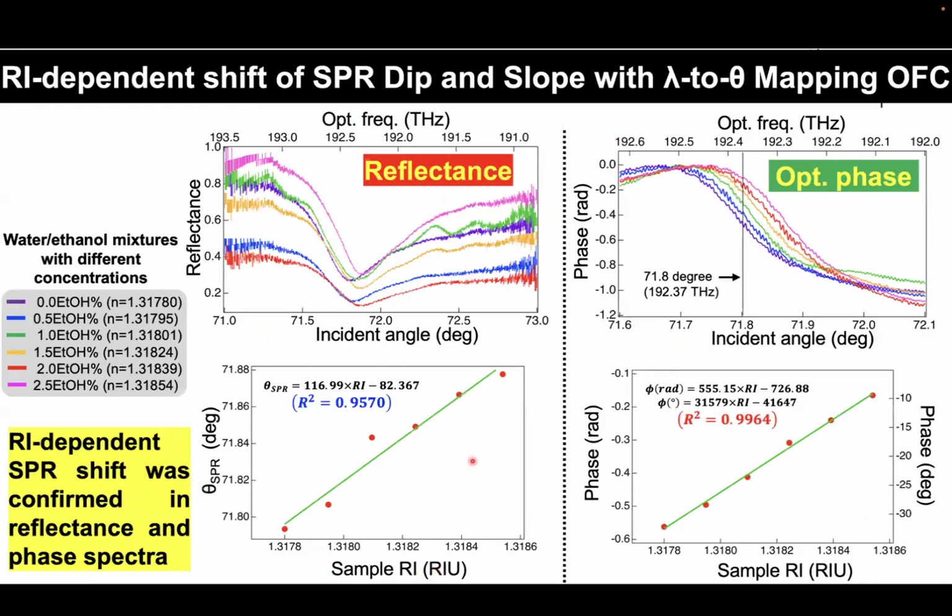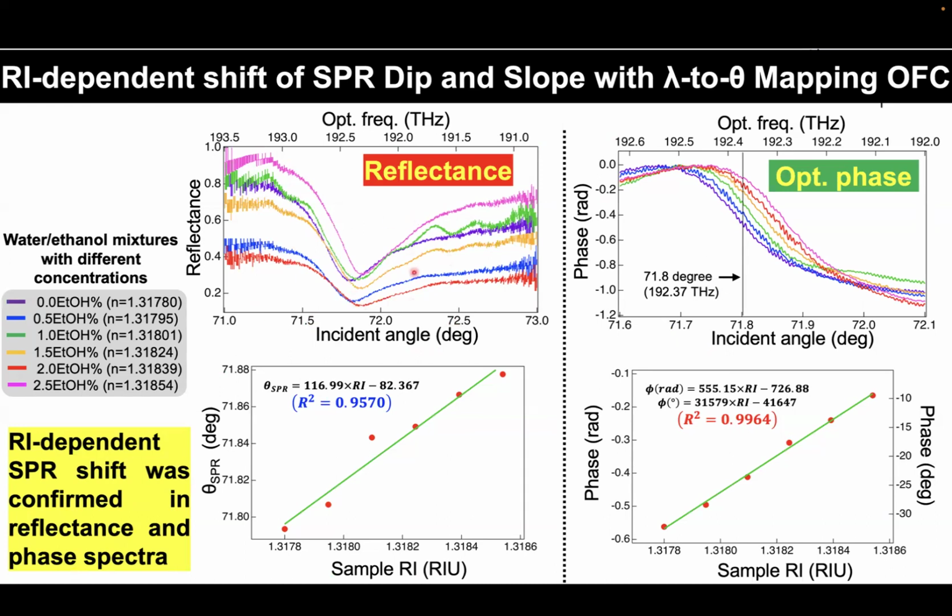Finally, we demonstrate the RI-dependent shift. We measure the RI-dependent shift of the SPR dip and slope with this lambda to theta mapping OFC. Top left shows the reflectance spectrum with respect to the incident angle.